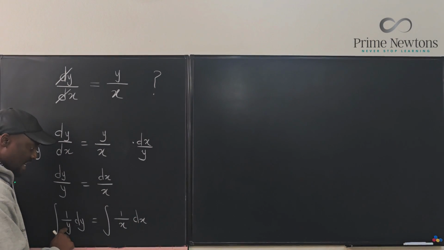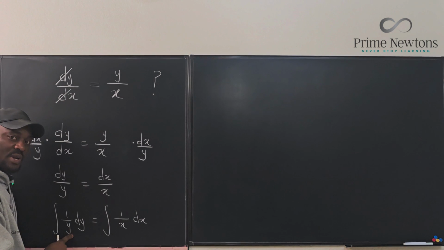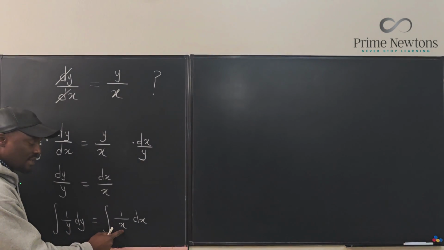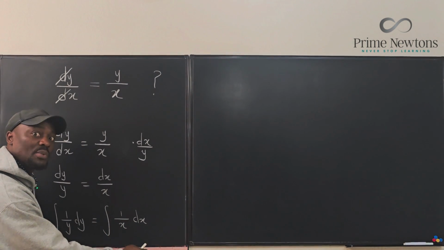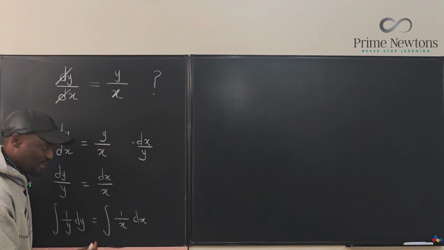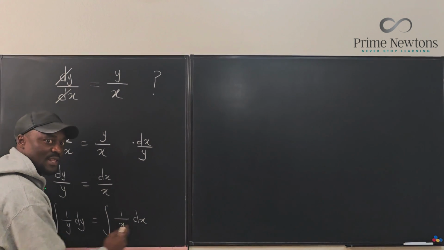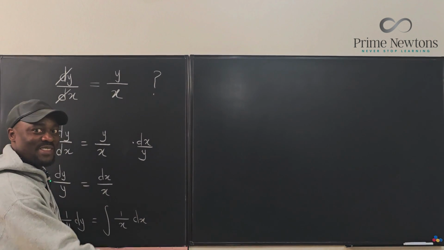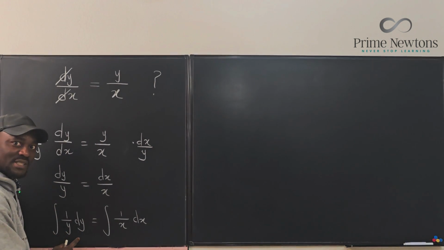Nice. Now, if I integrate both sides, I'm going to end up with natural log of y here, natural log of x, but this one is going to have plus c. Now, why wouldn't I put plus c here? Because it doesn't matter. If you give it plus c, the two c's can come together and form another c, so we don't bother putting a plus c on the left.